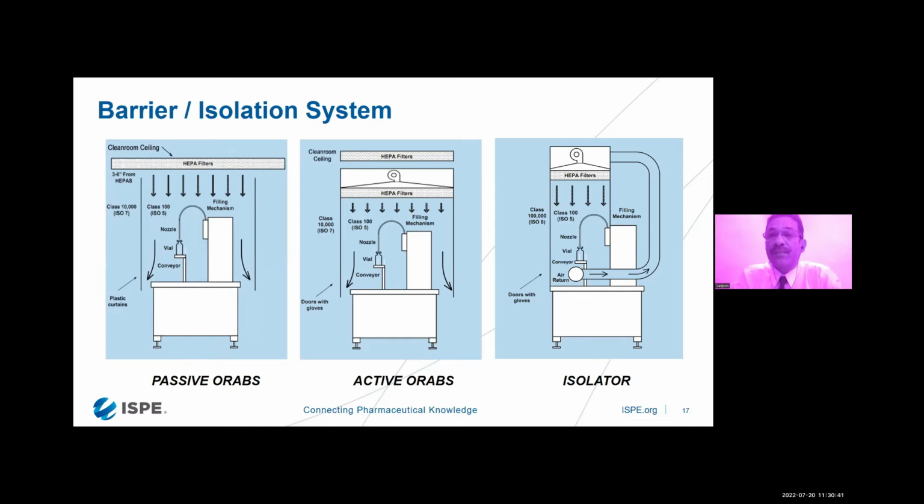So there is a question coming on your screen now. What type of barrier or isolator are you using in your respective plants? Do you have an ORABS or a CRABS or an isolator or a containment isolator? We mean sterility isolators and containment isolators.